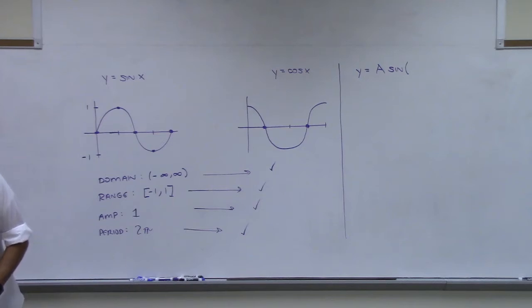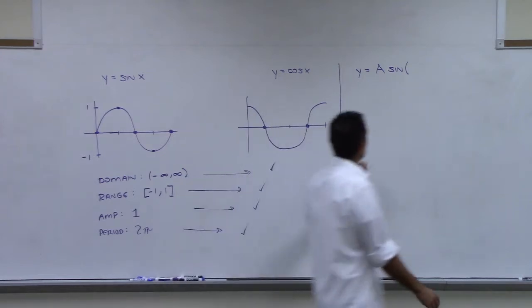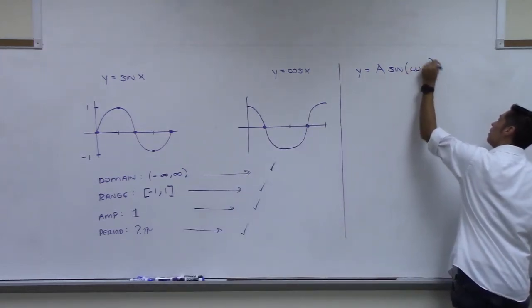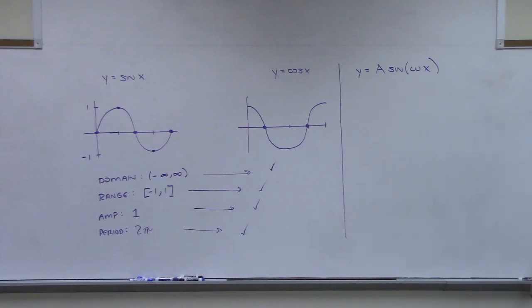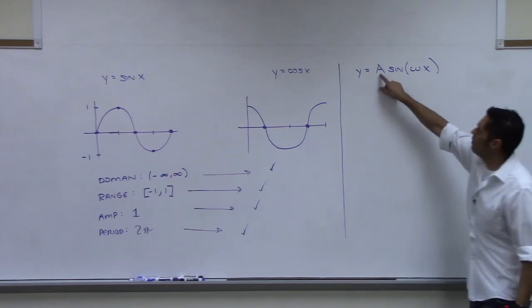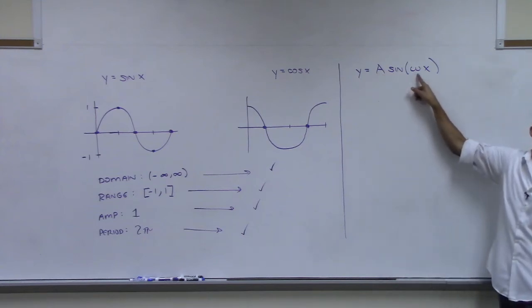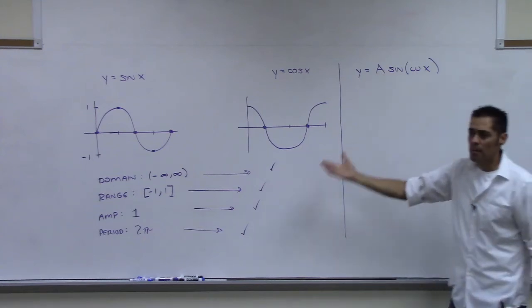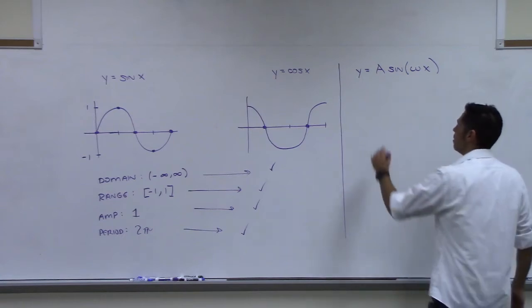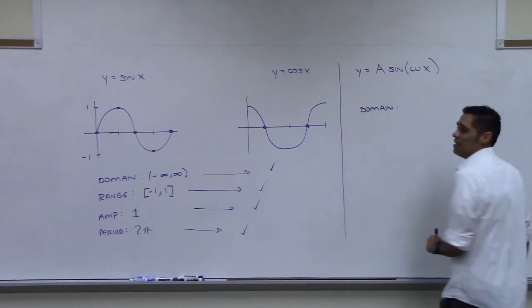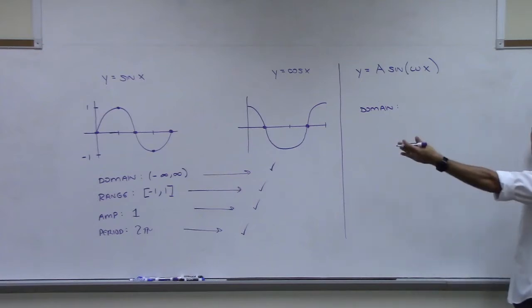They use the Greek letter omega, which looks kind of like a W. Omega x. So what happens if I change that? If I make the number in front of the sine like a 4 maybe, and here I put like maybe 3. How does that change our domain, range, and period? Well, the domain is going to remain exactly the same because we can plug anything we want in.